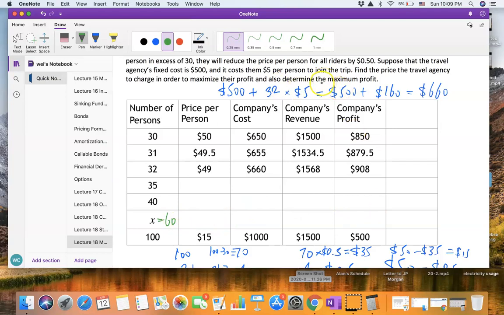We are also asked to determine what the maximum profit is.